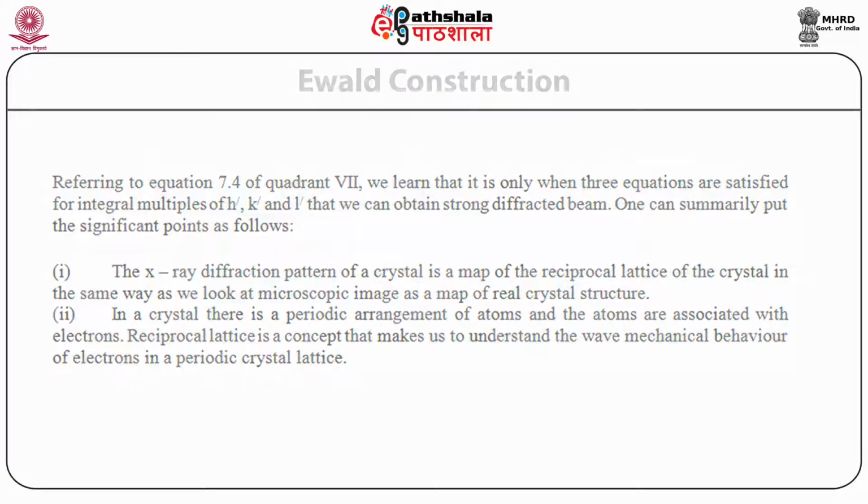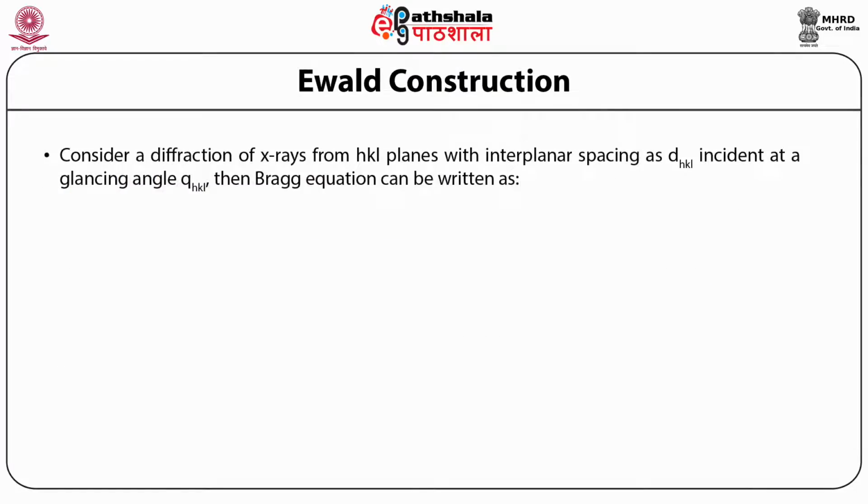lattice. Consider a diffraction of X-rays from HKL planes with interplanar spacing d HKL incident at a glancing angle theta HKL. Then the Bragg equation can be written as d HKL sin theta HKL is equal to lambda, or sin theta HKL is equal to lambda by 2 d HKL.